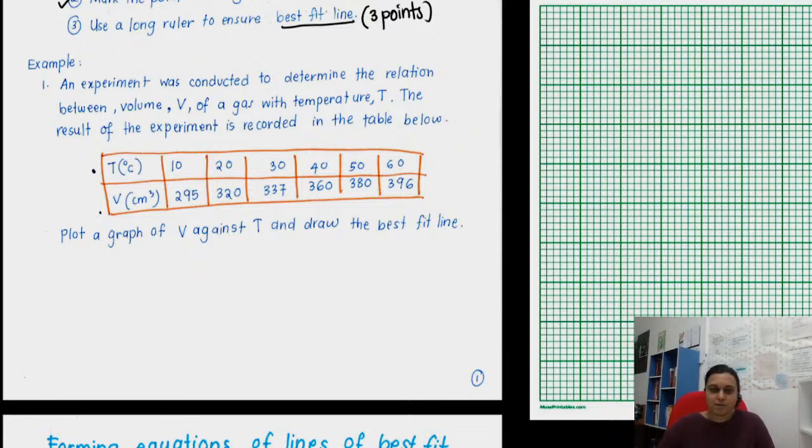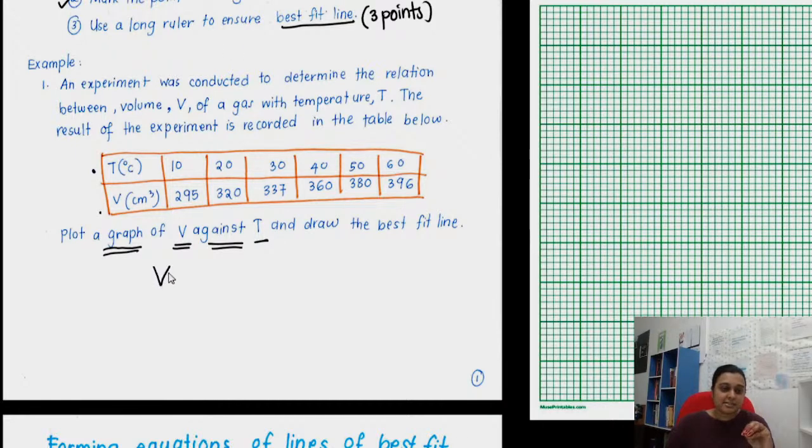So isi padu, volume, dengan temperature, suhu. The result of the experiment is recorded in the table below. So this table is what you're going to use to draw your graph. Plot a graph of V against T.